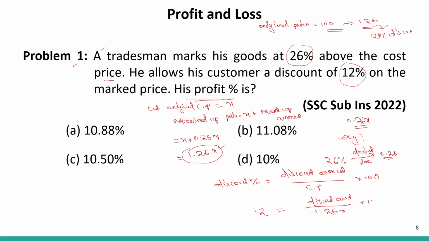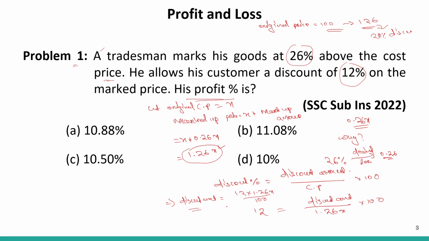So the discount amount is equal to 12 into 1.26x divided by 100.